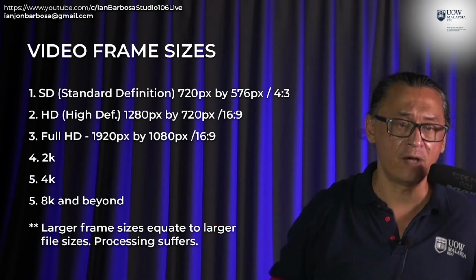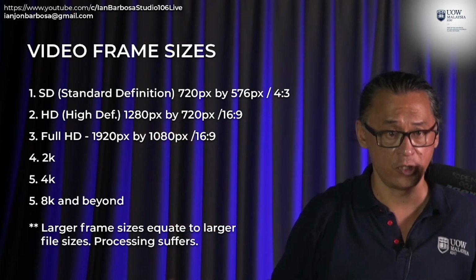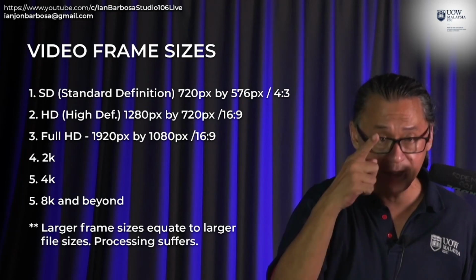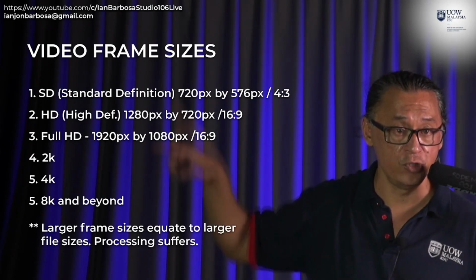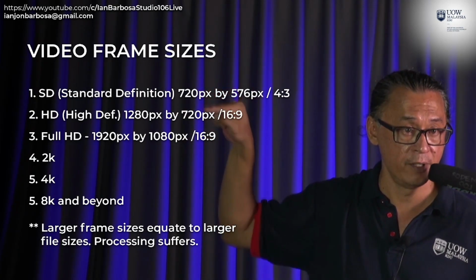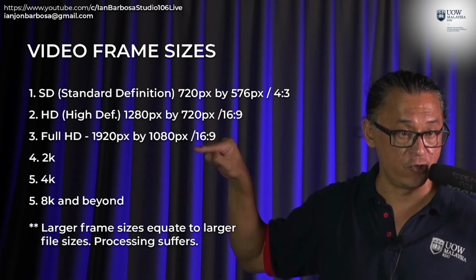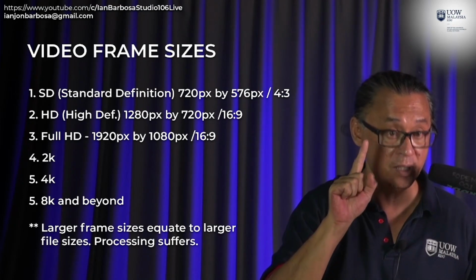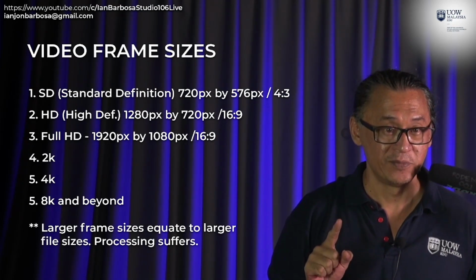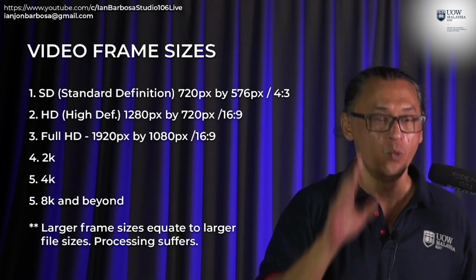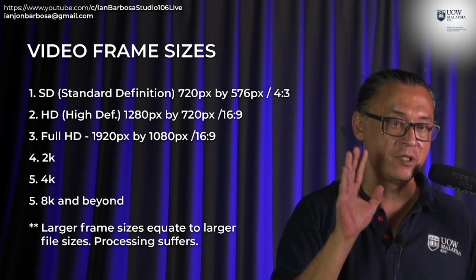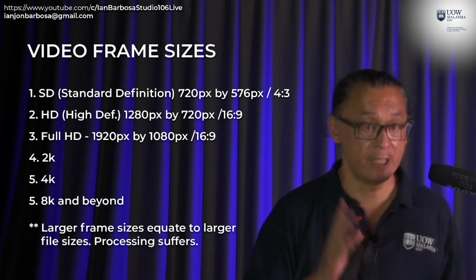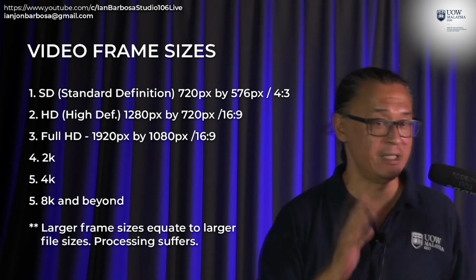8K and beyond are for broadcasters and professional houses. You, ladies and gentlemen, if you're using your handphone, you are going to be working with number 1, number 2, number 3, number 4, and maybe number 5. Which one will give us the best quality? The answer is, it does not matter.